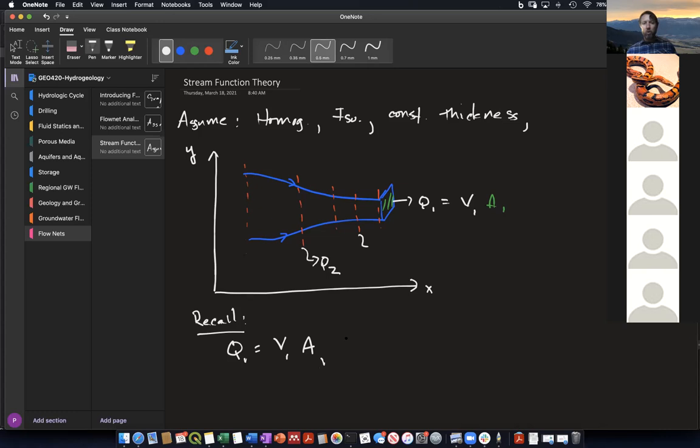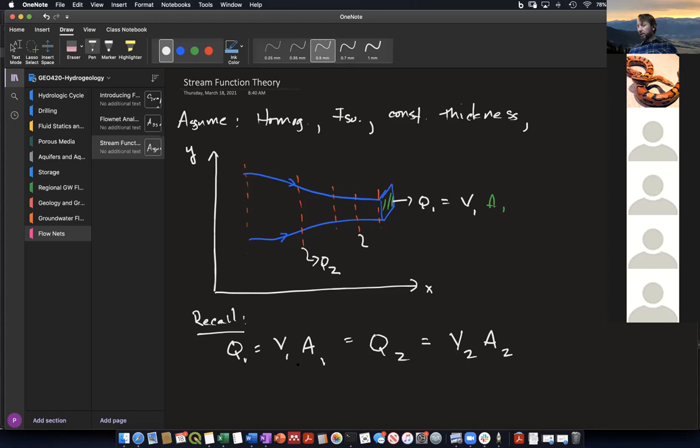Well, we know that the discharge Q1 is equal to the discharge Q2, and that's equal to the fluid velocity here at this point, V2, times the cross-sectional area here, A2. So at any point along this tube, the discharge remains constant, and we come up with this relationship between the area and the velocity.